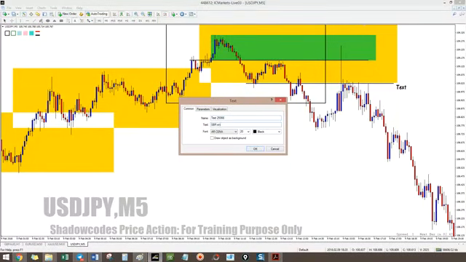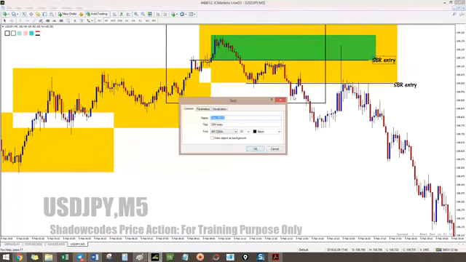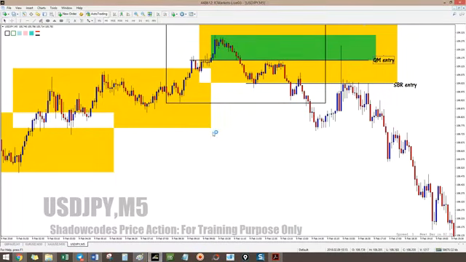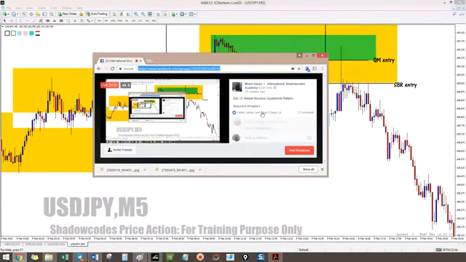SBR entry over here, and over here is QM entry. QM should be a structure breaker with lower low.